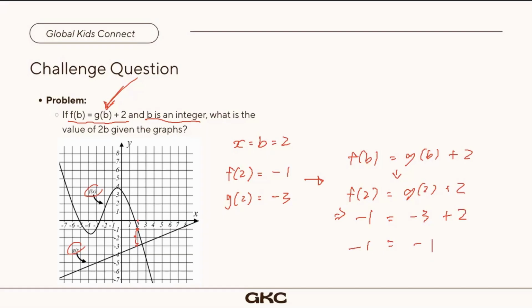And therefore, we can say that the b value is in fact equal to 2. But then the question isn't over yet. The question asks for finally the value of 2b. And so we have to multiply b by 2, which is simple, 2 times 2, which equals 4, which will be our final answer.